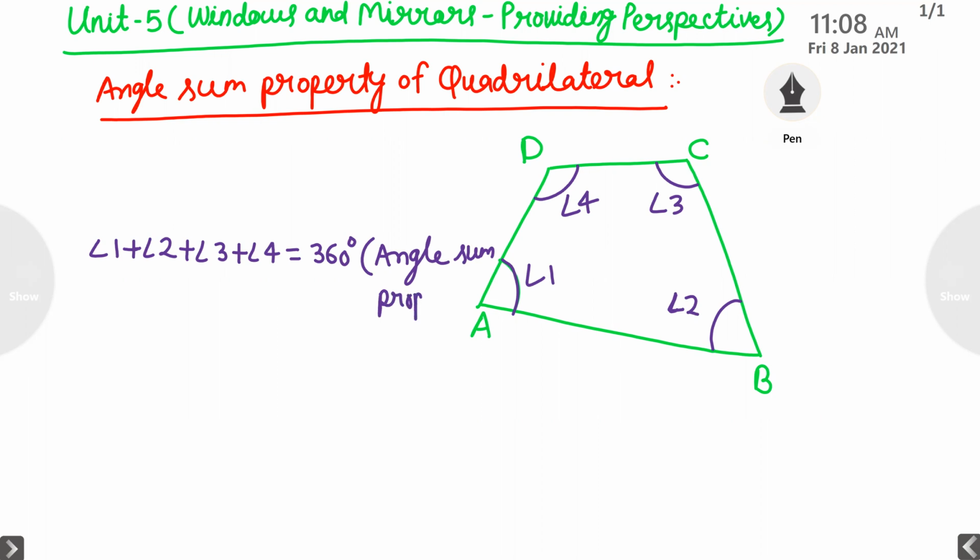Note down, everyone. The sum of all interior angles equals 360 degrees. A quadrilateral has how many angles? 4 angles. Angle 1 plus angle 2 plus angle 3 plus angle 4 equals 360 degrees. Make it fast, everyone.